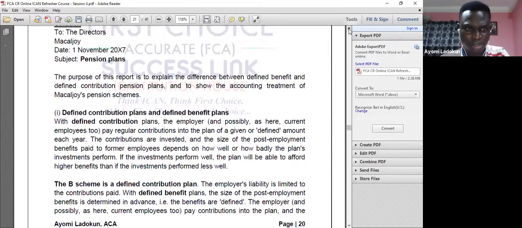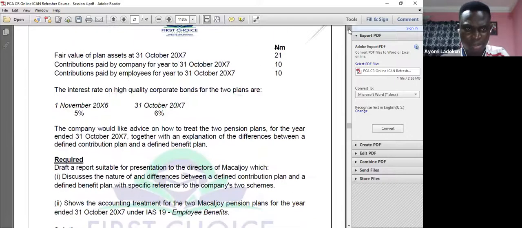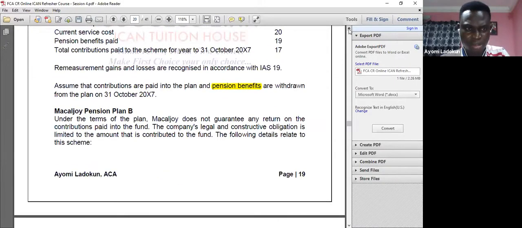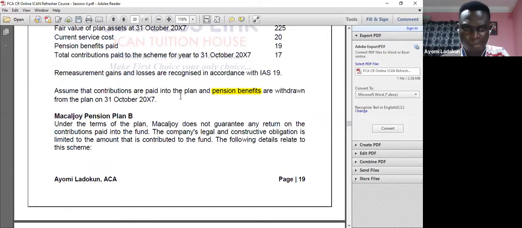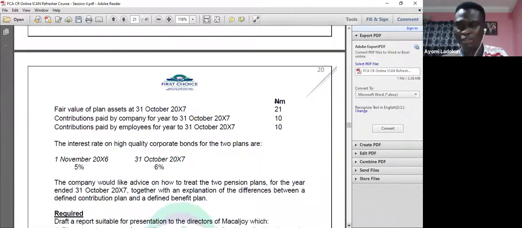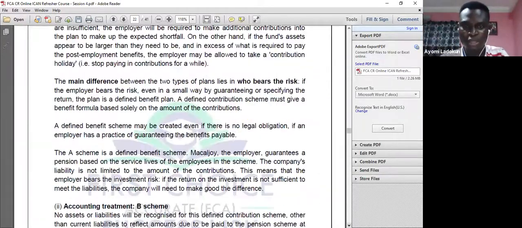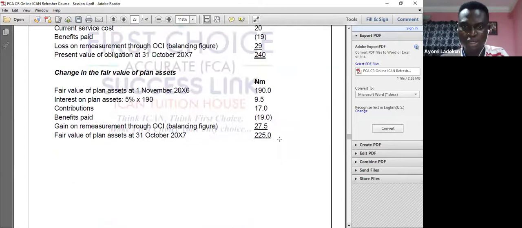I think there was a statement in that question. It said total contribution paid to the scheme for the year ended was 17. Can you see that? It said total contribution paid to the scheme. You contribute, then it will be in the jacket, paid into the scheme.